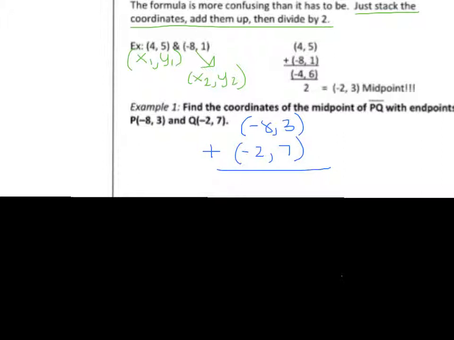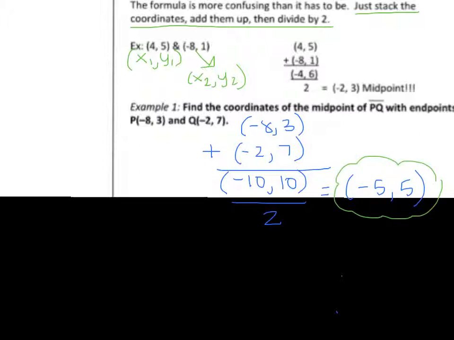So -8 plus -2 is -10. And then I'm going to add 3 and 7, and I'm going to get positive 10. And then I need to divide that whole thing by 2 to get my midpoint. So I get (-5, 5). And that would be my midpoint between those two.